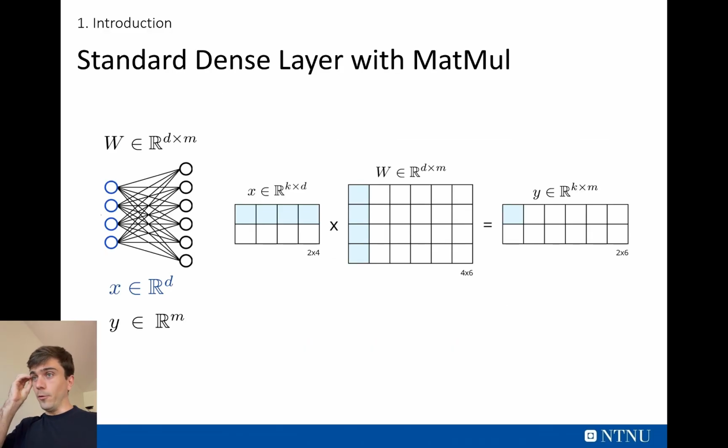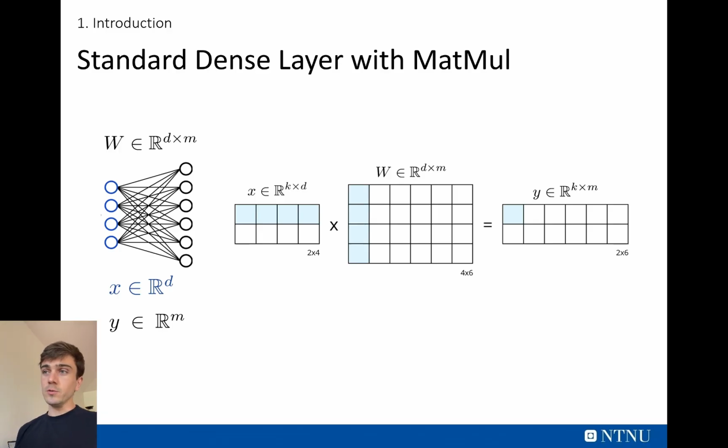So okay, going back to the standard dense layer from a neural network that uses matrix multiplications. We have the input X, the weight matrix and the output Y. So this means that in one layer, we multiply the input by the weights and we can compute the output.